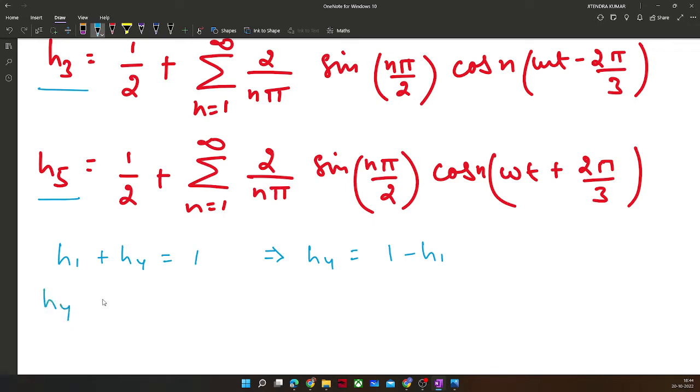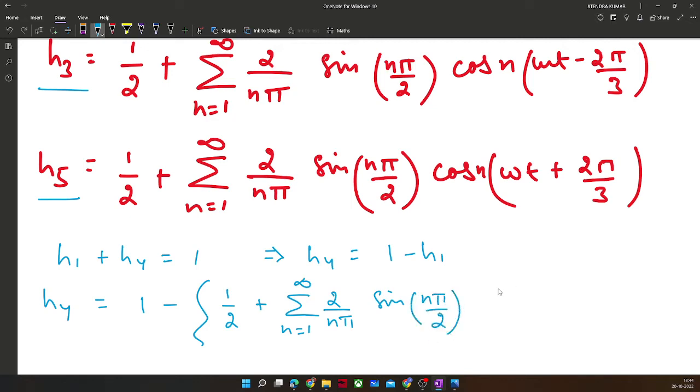So let us see what H4 will be: 1 minus H1. H1 was half plus 2 by n pi sine n pi by 2 cos n omega t.